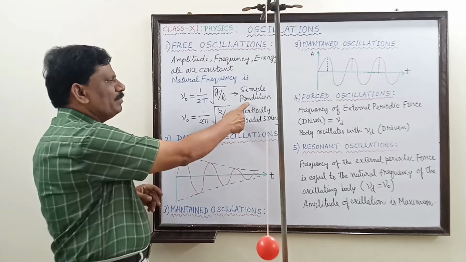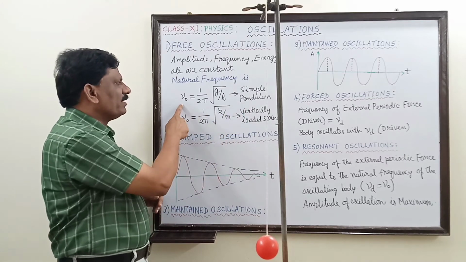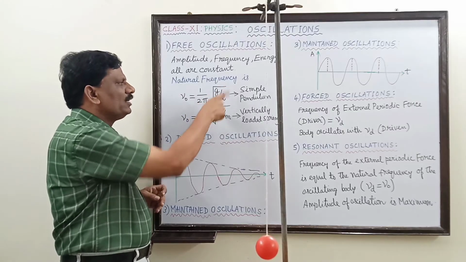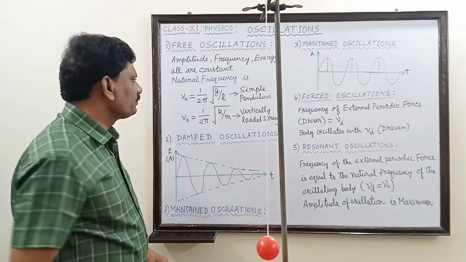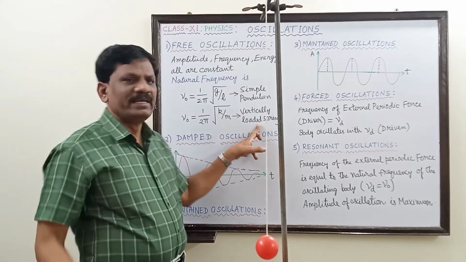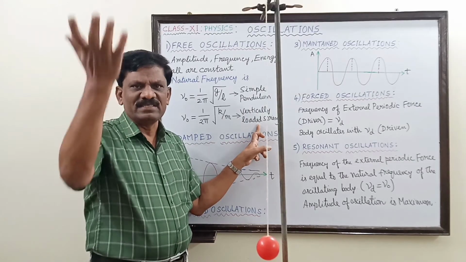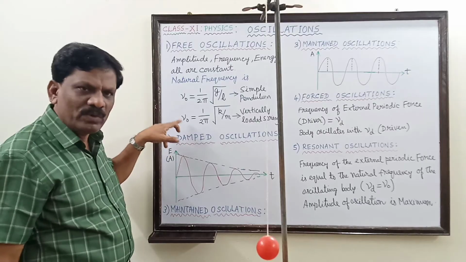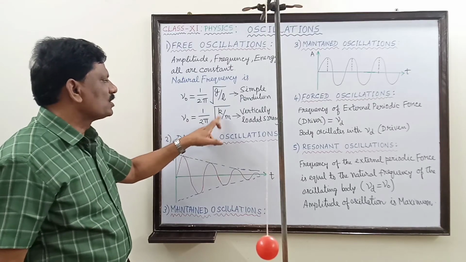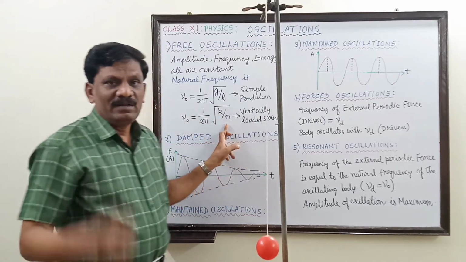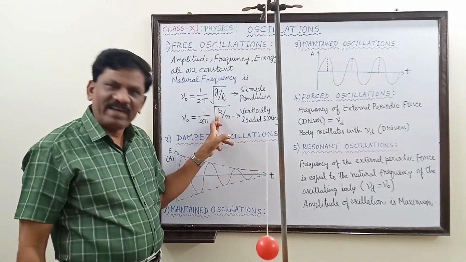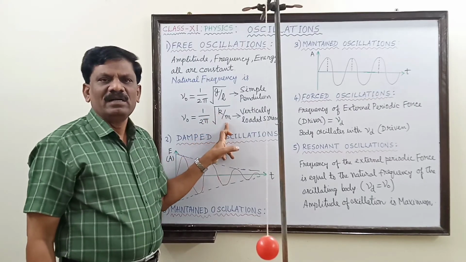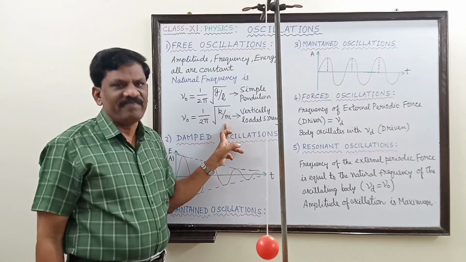For example, for a simple pendulum, the natural frequency is given by nu naught equals 1 by 2 pi into square root of g by L. In the case of a vertically loaded spring, which is oscillating vertically, its natural frequency is given by nu naught equals 1 by 2 pi into square root of K by M, where K is called the spring factor, force constant, and M is called the mass or inertial factor.